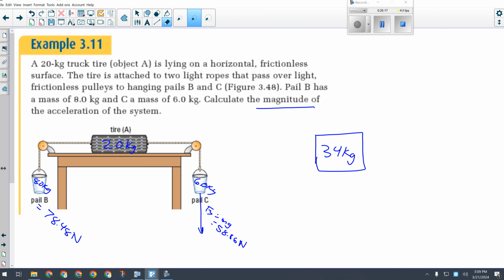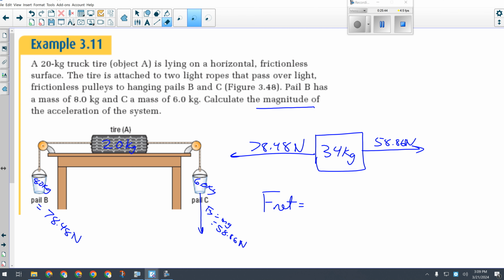The system has a mass of 34 kilograms. It is being pulled this way by 58.86 newtons and this way by 78.48 newtons. That's what's going on here. If I'm talking about the entire system, I need the entire mass. Can I do sum of all forces at this point?